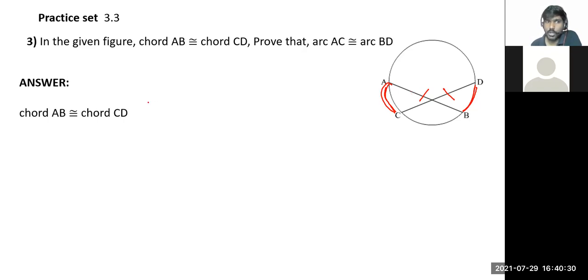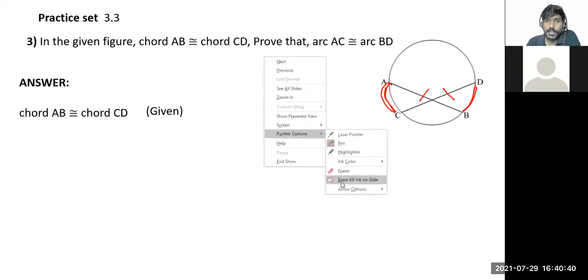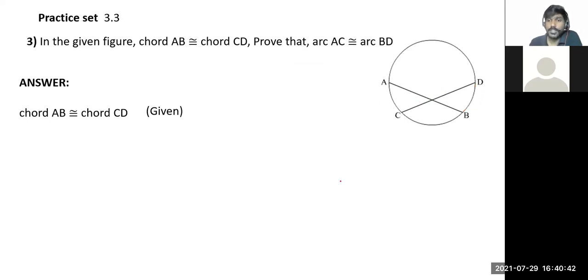Firstly, chord AB is congruent to chord CD. This is given. Now here we will use the theorem which we studied today: if the chords are congruent to each other, then the corresponding arcs in front are also congruent. For chord AB, arc ACB is corresponding to it.